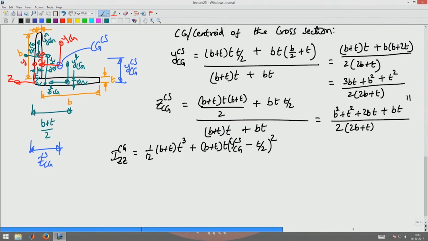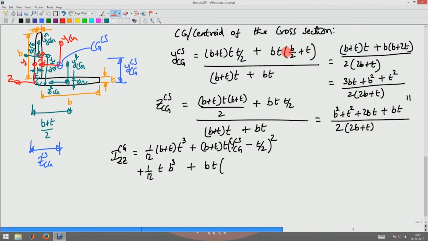For the vertical leg, I will have plus 1 by 12 T into B cube, plus B into T, which is the area of that, into the shift from here to here. This distance would be B by 2 plus T, this entire distance is B by 2 plus T.